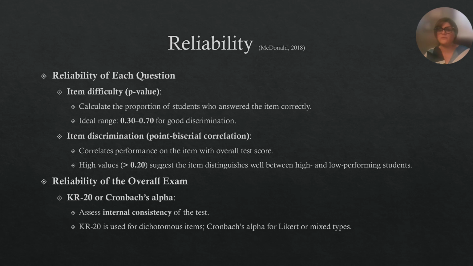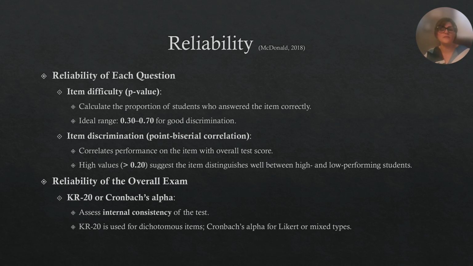What proportion of the students actually answered this correctly? It should be similar across your classes. Item discrimination, which is the point biserial correlation: do high-performing students generally answer the similar questions correctly, and low-performing students miss high-level questions?